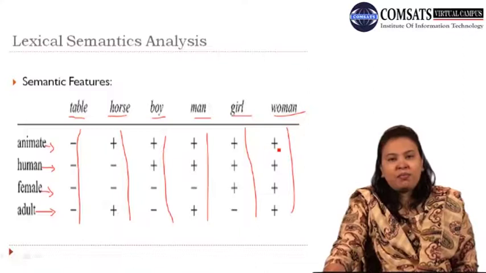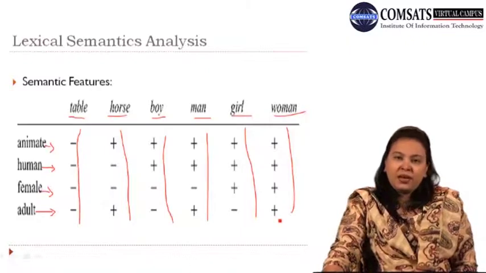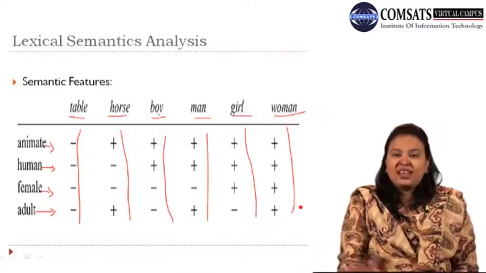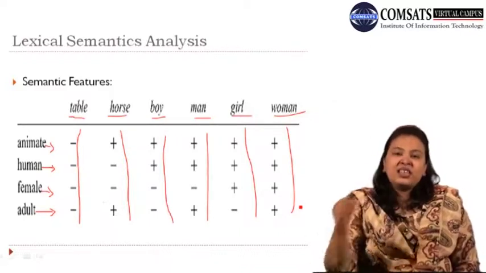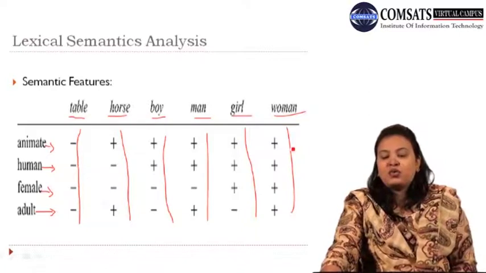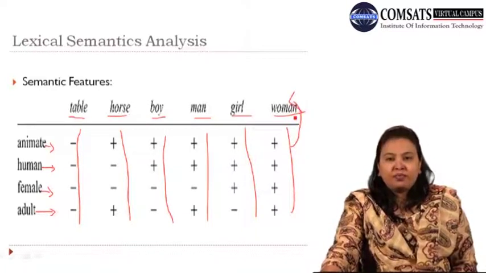Woman: animate plus, human plus, female plus, adult plus. So woman has all pluses. These are the semantic qualities and properties associated with the word woman.